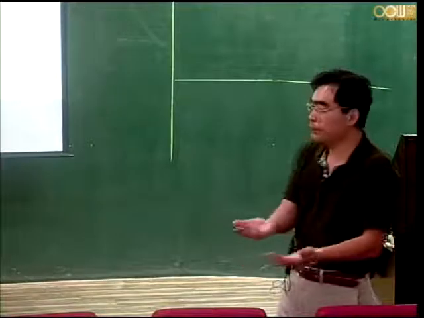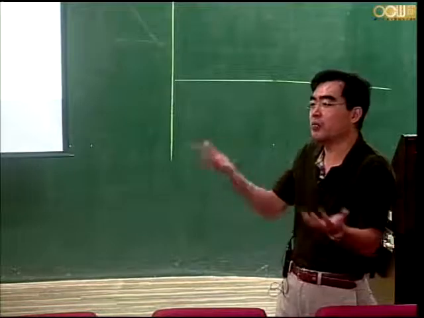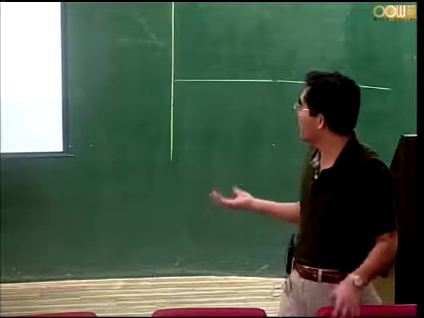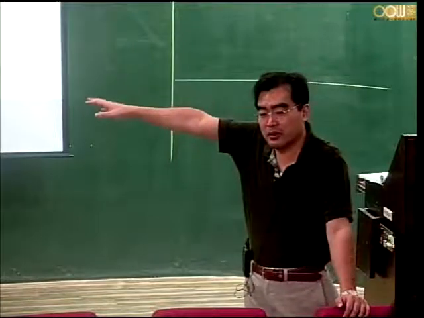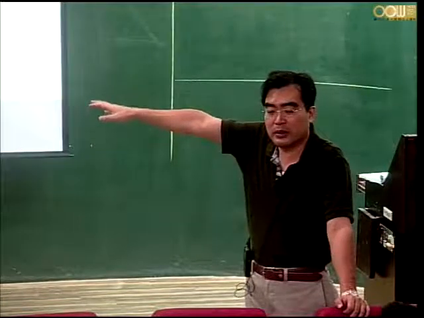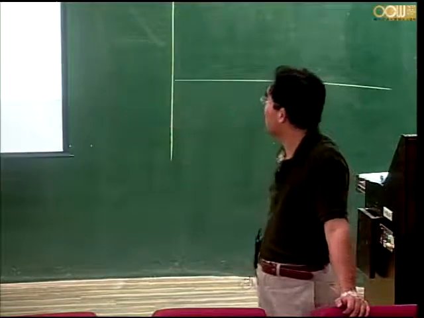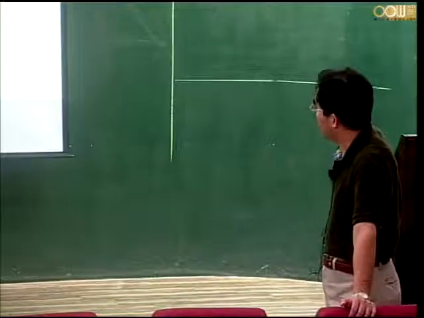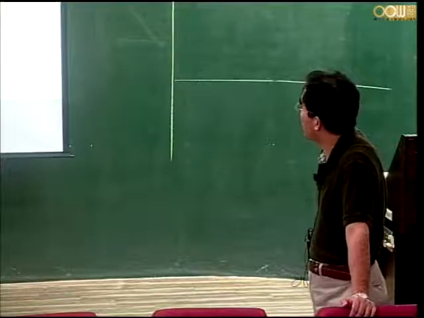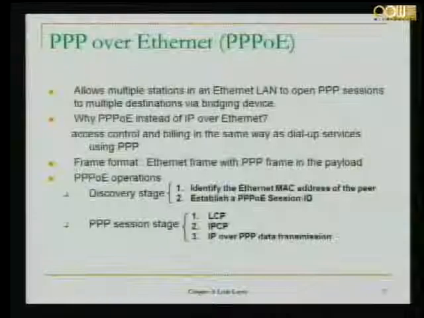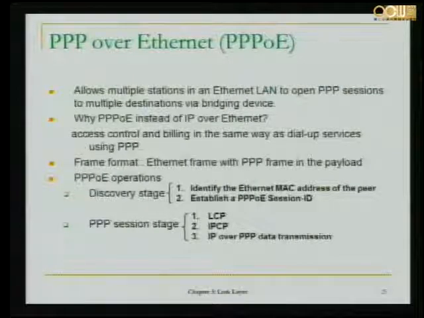So even if your home is a small office that gets to the internet by ADSL and runs PPP on top of it, they still need to bill it by PPPoE, and they can do access control and billing in the same way as dial-up services using pure PPP.